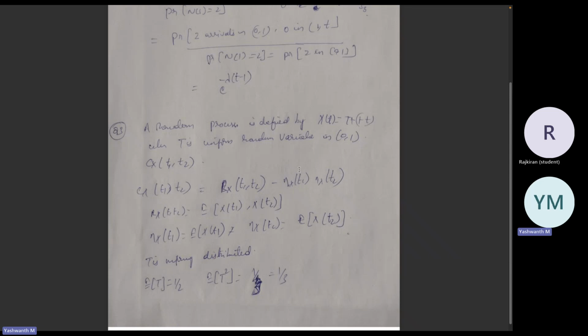Rx(t1, t2) is given by E[x(t1)x(t2)], and eta of x(t1) is E[x(t1)], and eta of x(t2) is E[x(t2)]. So all you need is E[T], which is 1/2, and E[T^2], which is 1/3. You can just substitute these things and solve it. I think you have all the required things.